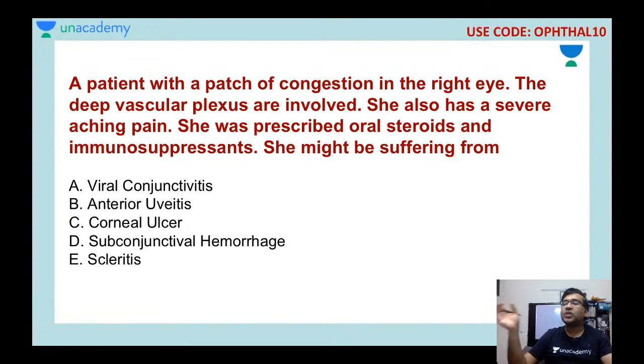So see, for those students who have just joined now, we are talking about the clinical presentation of a red eye, how a red eye can basically present in various diseases.